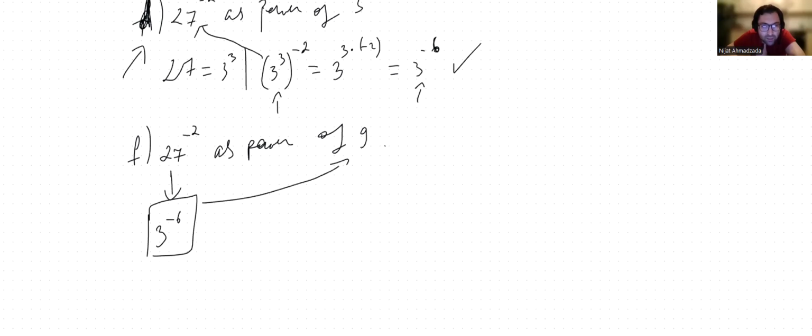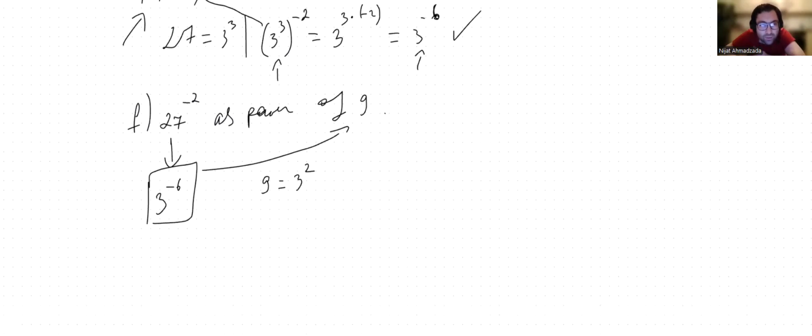And we know that 9 is equal to what? 3 to the power of 2, okay? Good. Now, instead of 3 to the power of negative 6, I have to show it as a power of 9 somehow.